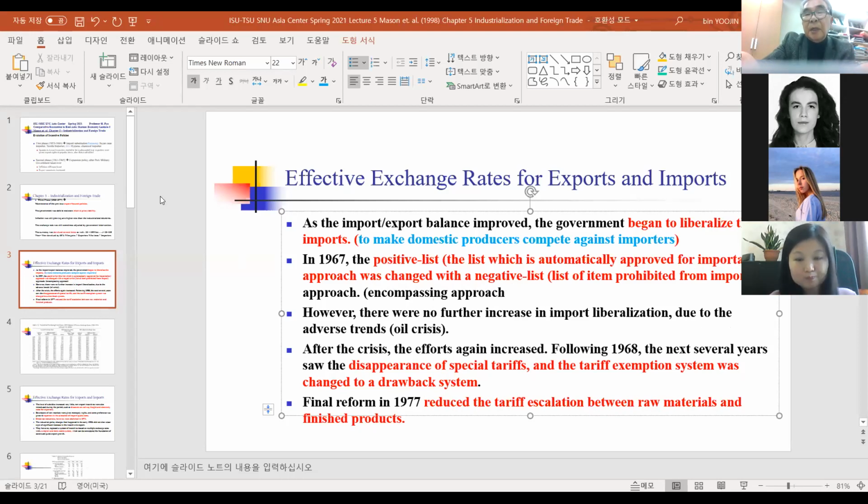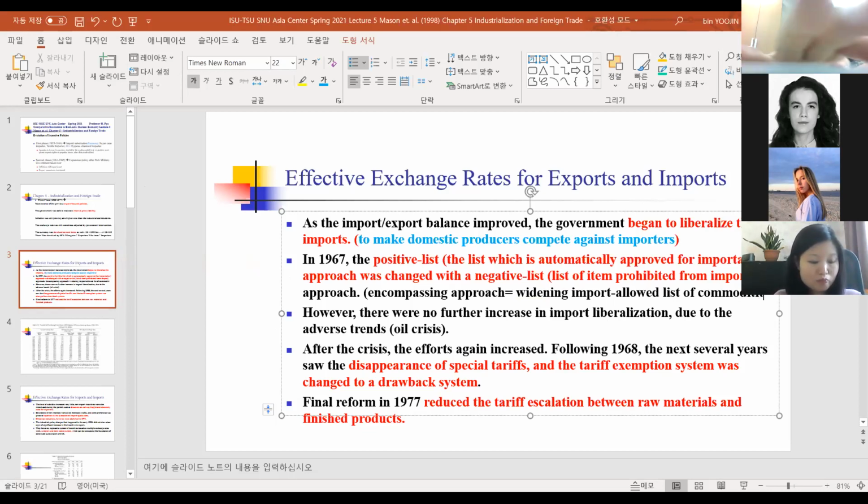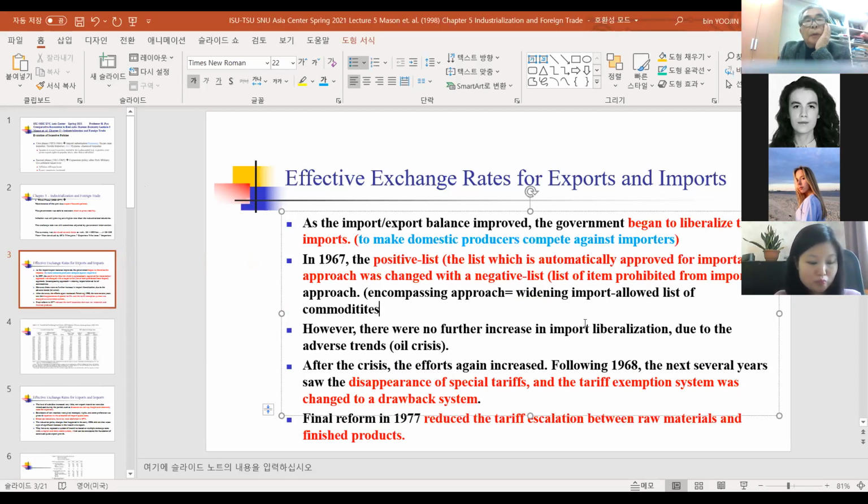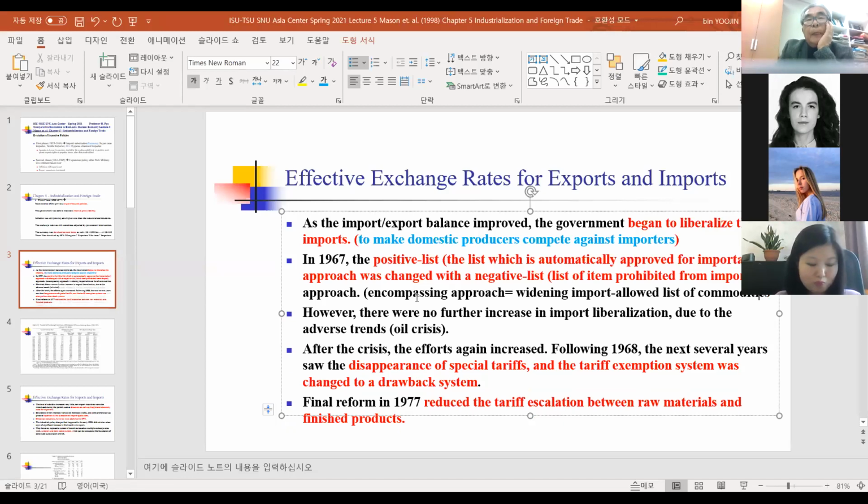That is, it is more widening the import allowed list of items, right?